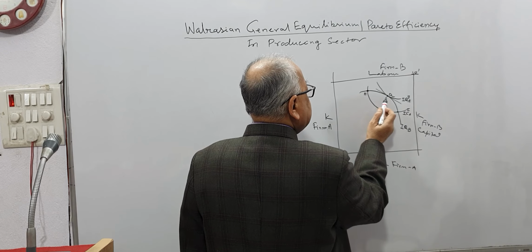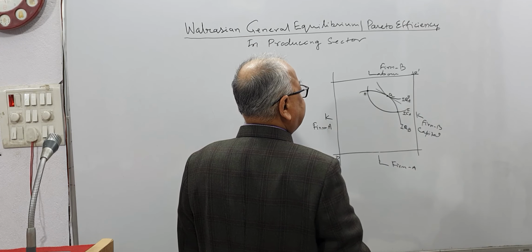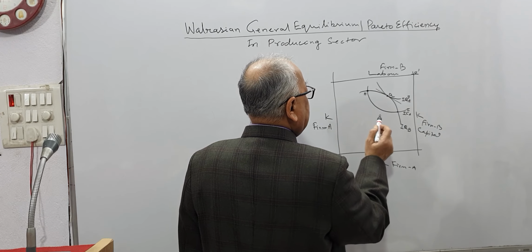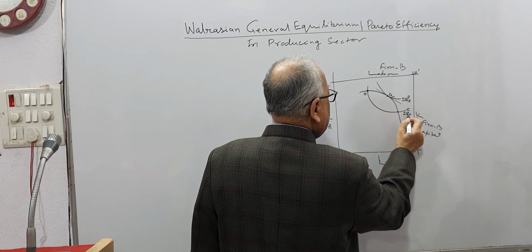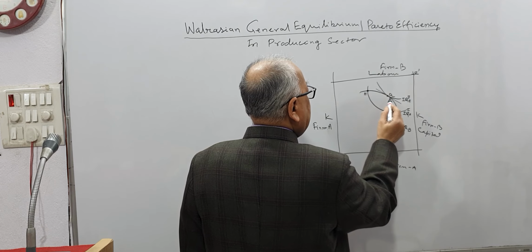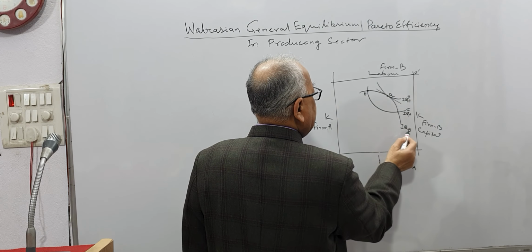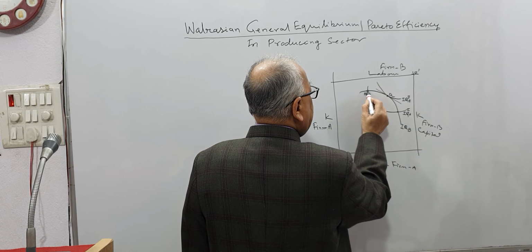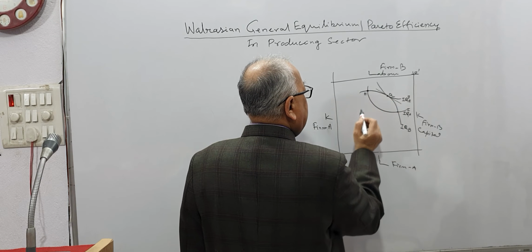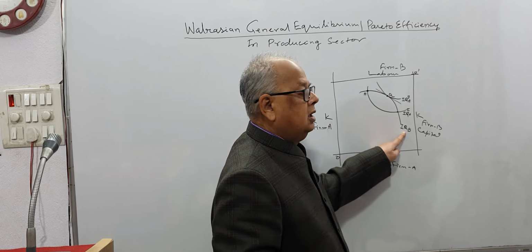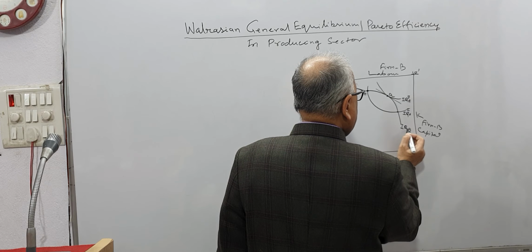If the producer shifts from A to H, the isoquant of B firm, whether it moves from A to H or H to A, will remain on the same isoquant B.